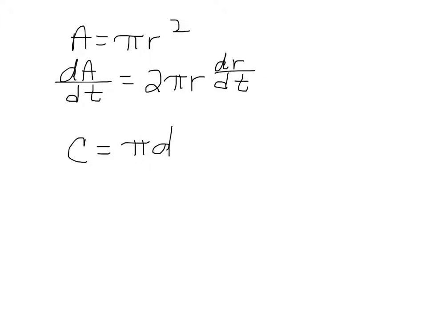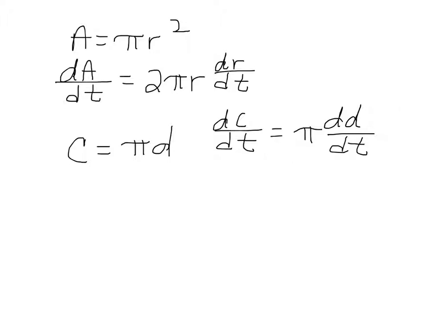So if I wanted to find the derivative of that with respect to time, it'd be dC dt. Again, how fast is the circumference changing with respect to time? And pi d would just be pi, since that would be a constant or linear, but we just took the derivative of that d, so we'll need to say dd dt.